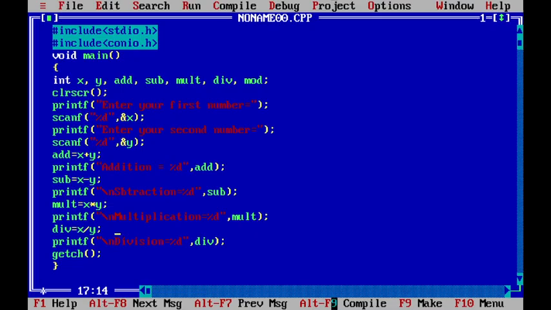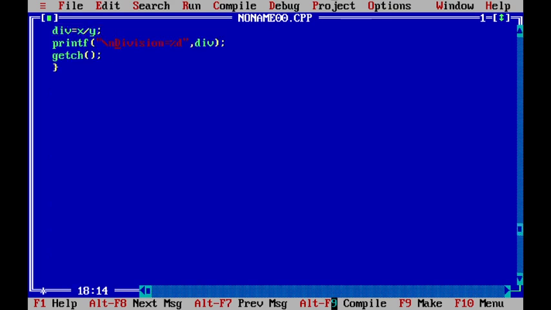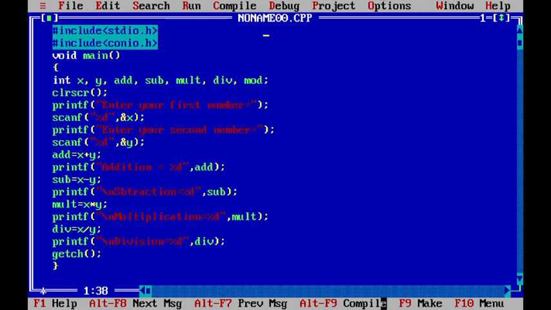Now next we want to determine what is the remainder if we divide any two integers. We use the modulus sign here. So mod is equal to x % y, and we can printf "remainder is equal to %d", mod. The remainder is always an integer.